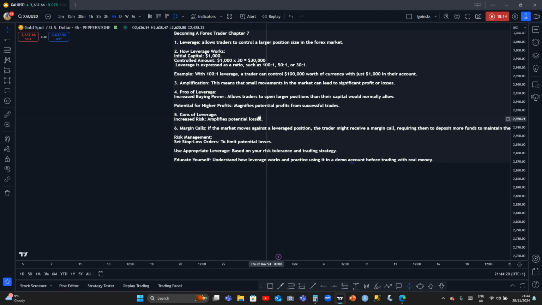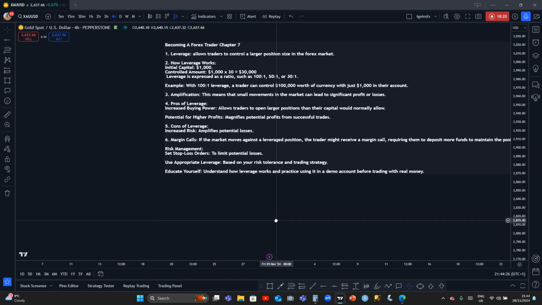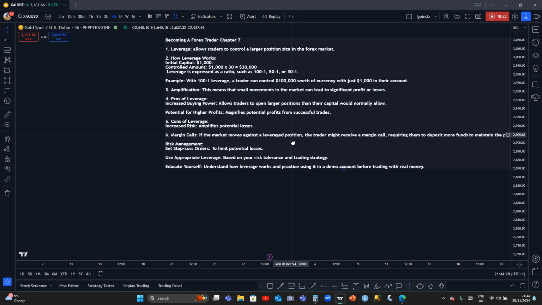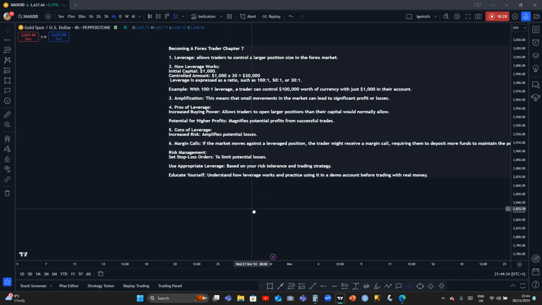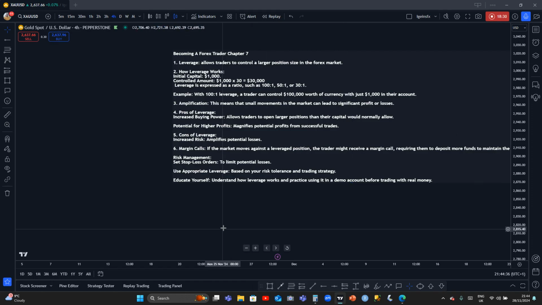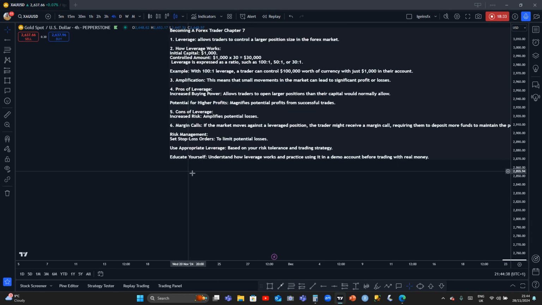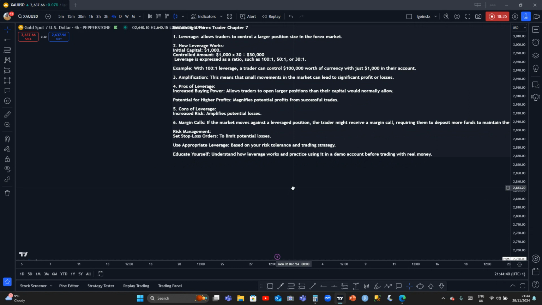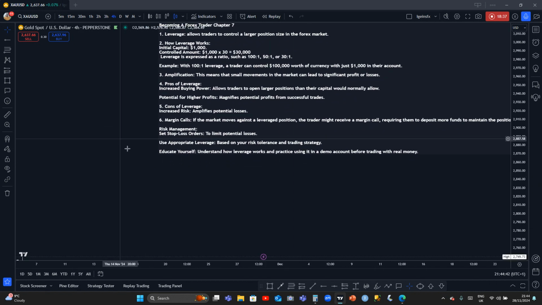So the cons, that means the disadvantage of leverage, is that it increases risk, plenty of money with problems. Because any little movement against you, you are in a potential loss. But any little movement in your favor, you are in massive gain. Then I touched on margin calls earlier.